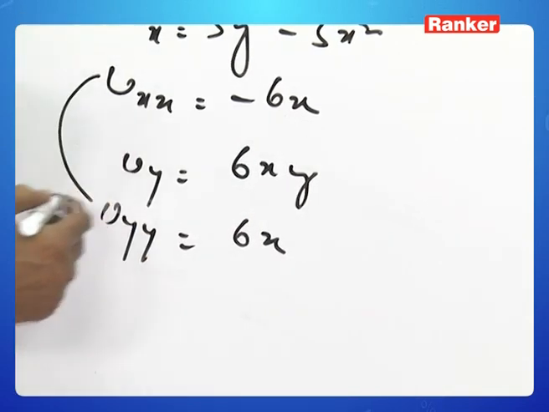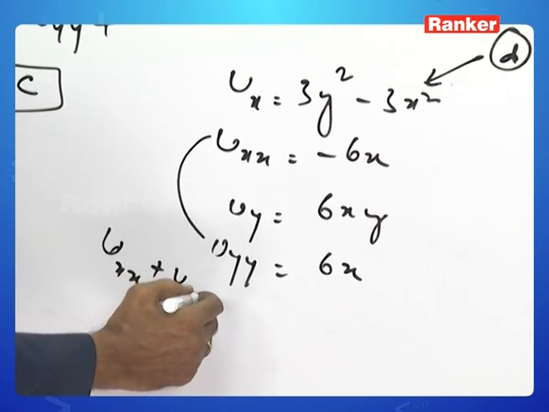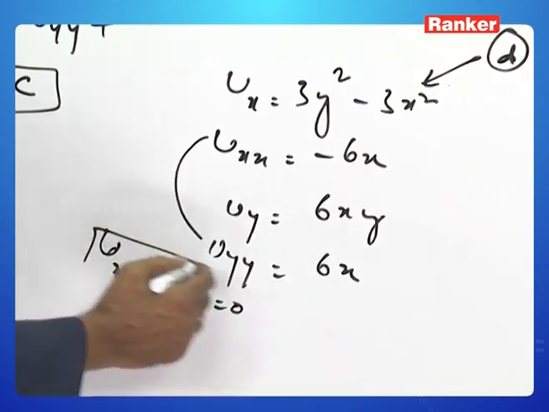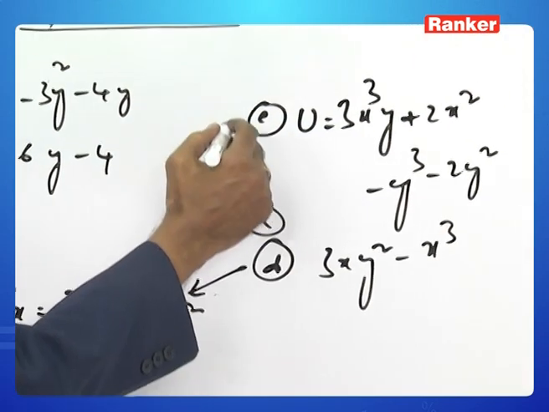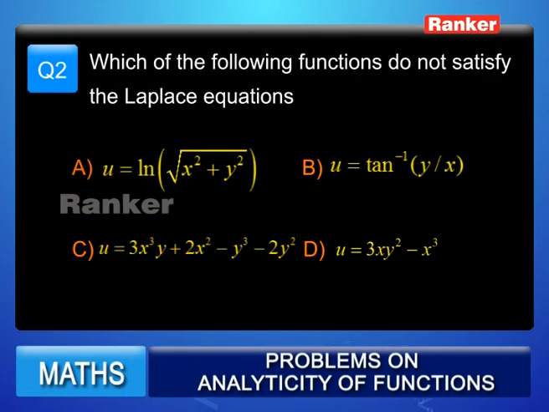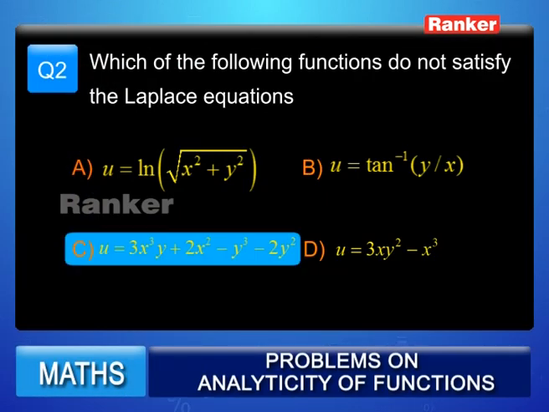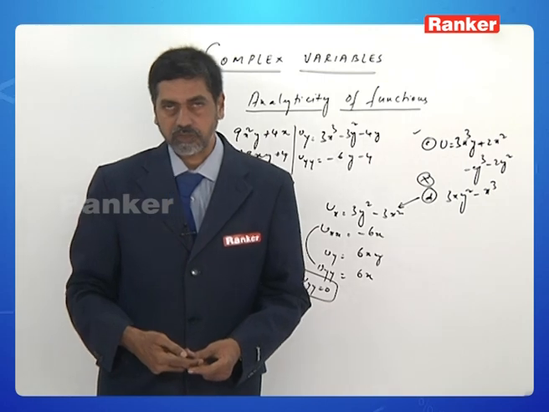So if you take this sum, you will get uxx plus uyy is equal to 0. We don't want that. So this is also not the correct option. That is how we come to the conclusion that only C can be the correct option. So these are problems on Laplace's equation that we can easily understand. Let's go to the next question.